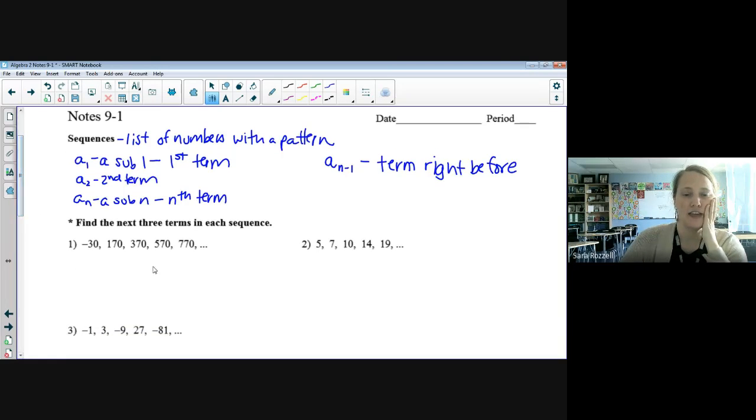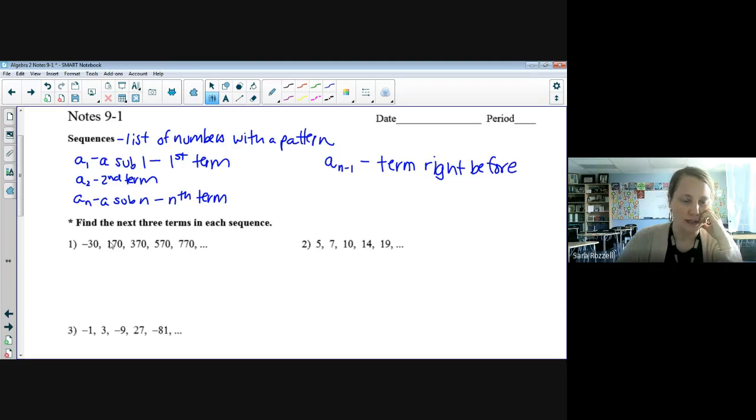Does anybody think they got our first sequence if you figured out what the pattern is? Anyone want to put in the chat what the next term is you think it is? What's coming next? Yeah, it's 970. So we see what's happening in between these numbers.